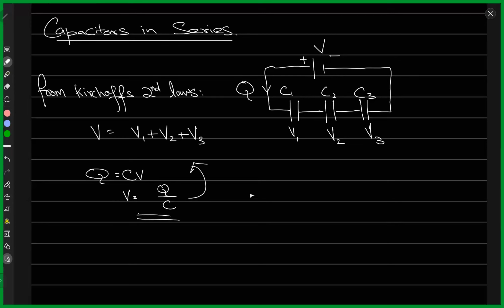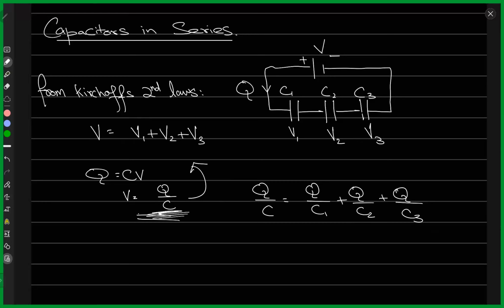So it would become Q by C is equal to Q by C1 plus Q by C2 plus Q by C3, where Q by C1 is V1 according to this equation, and similarly Q by C2 is V2, and Q by C3 is V3.